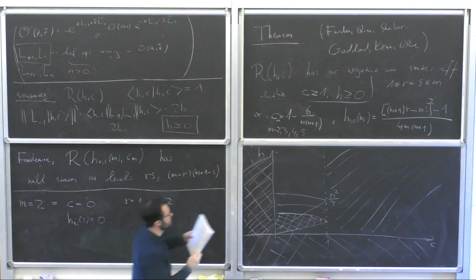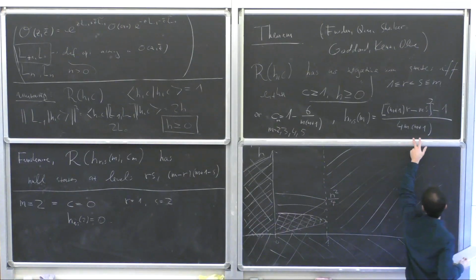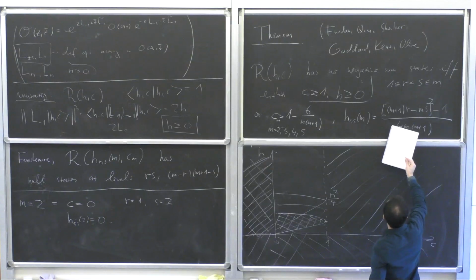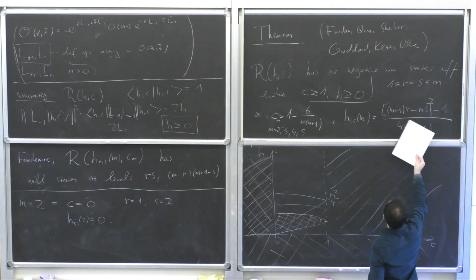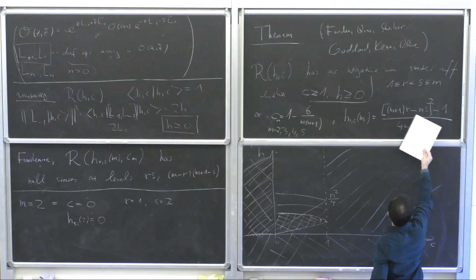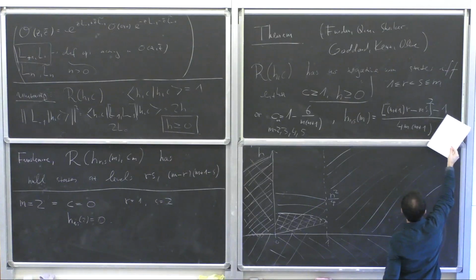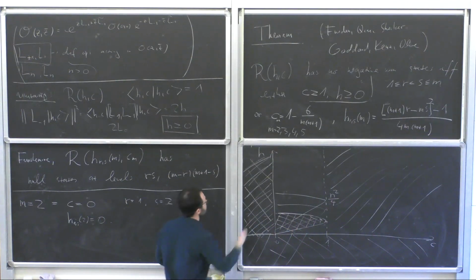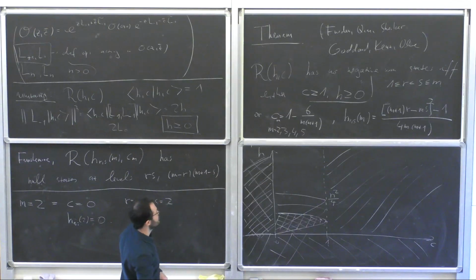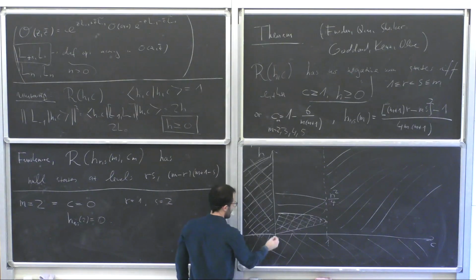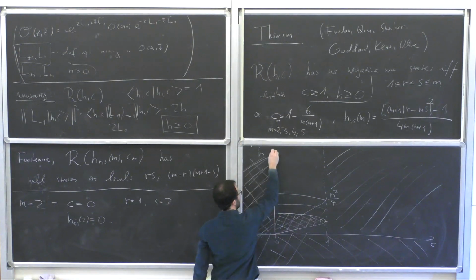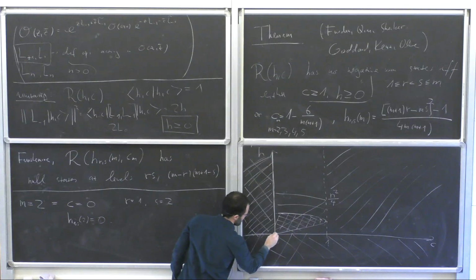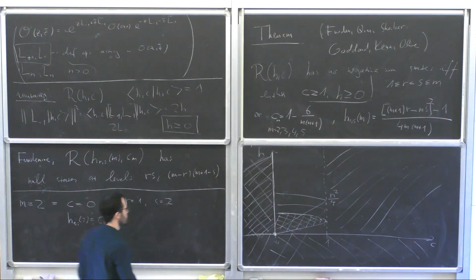If you plug into this formula, m equals 2, R equals 1, S equals 2, then you get 3 minus 2, which is 1, squared minus 1 is 0. Okay, so Friedan, Qiu, Shenker, Goddard, and Olive tell us that on this line, the only unitary representation is this one.